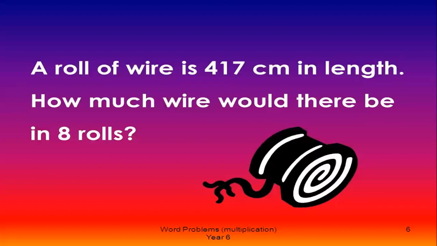In this example, they're saying that a roll of wire is 417 centimeters in length. How much wire would there be in 8 rolls? Again, one roll is 417 centimeters in length. So the wire in one roll is exactly 417 centimeters, and if the rolls are increasing, definitely the length of the wire will also increase.